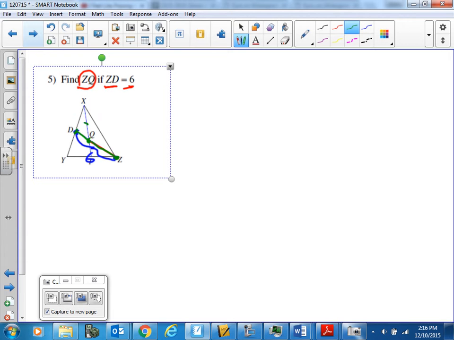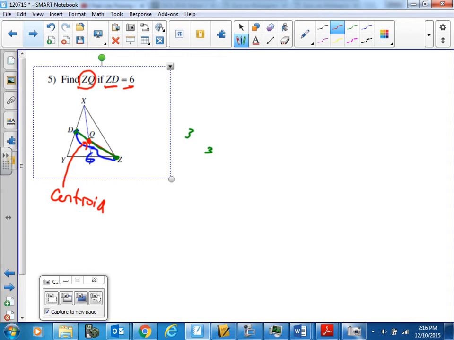So you can't have 3 and 3. That's not possible. Even though they add up to 6, remember, medians are always cut into a 2 to 1 ratio at the intersecting point, which is called the centroid. So whatever DQ is, ZQ is double.